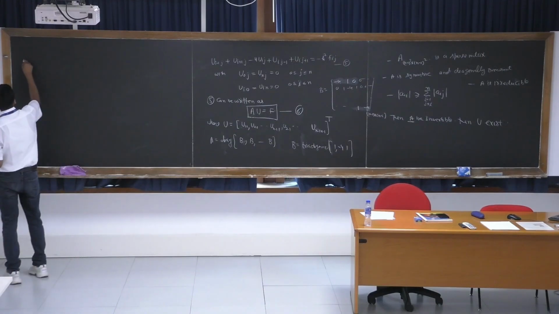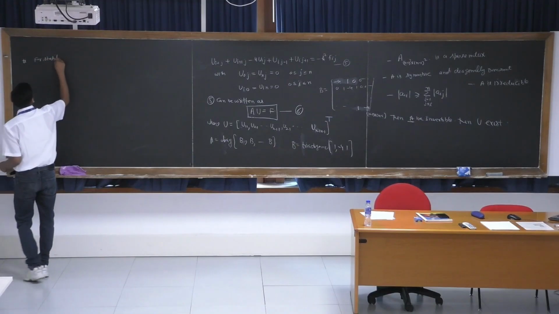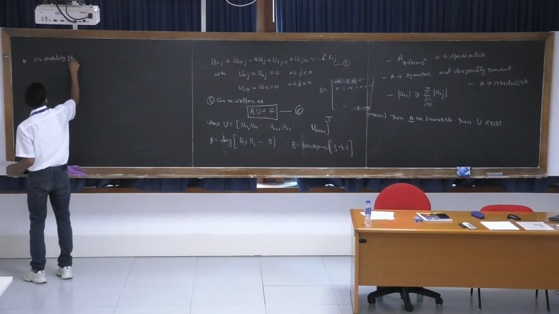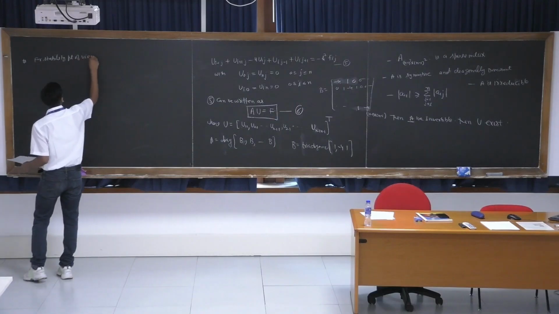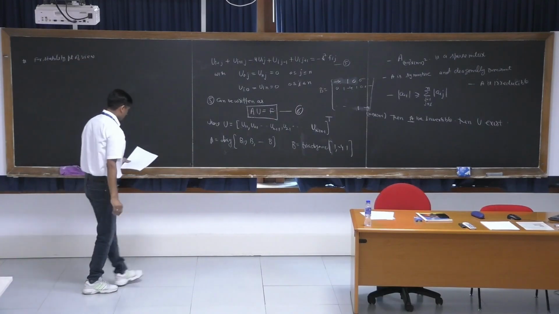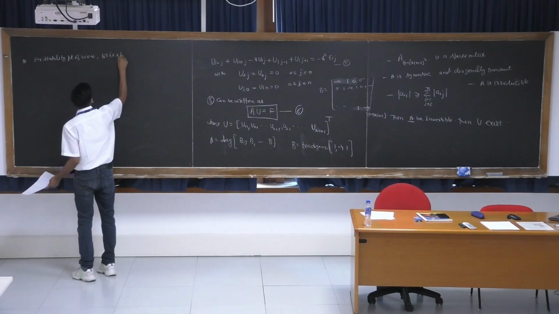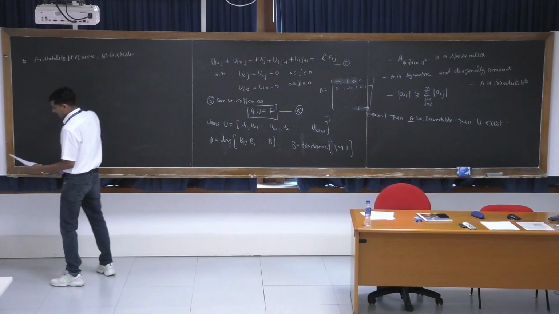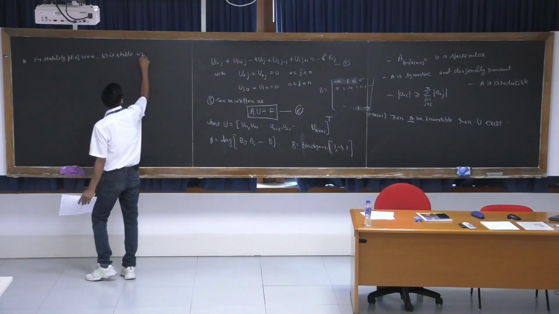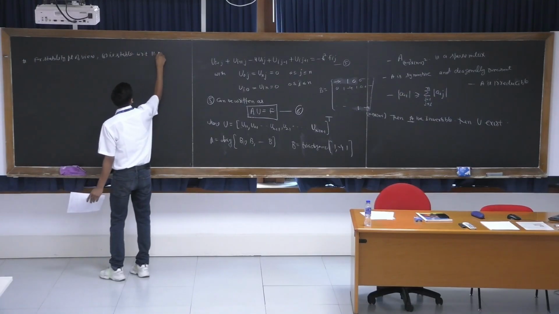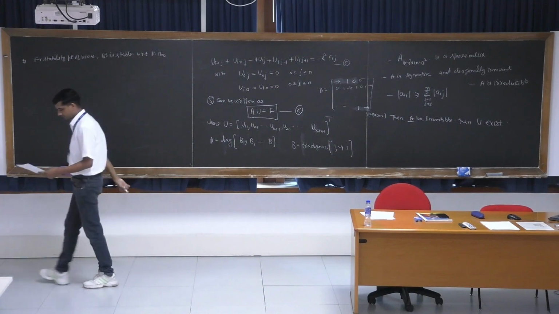For stability purposes, from the stability point of view, 6 is a stable system with respect to the L infinity norm.